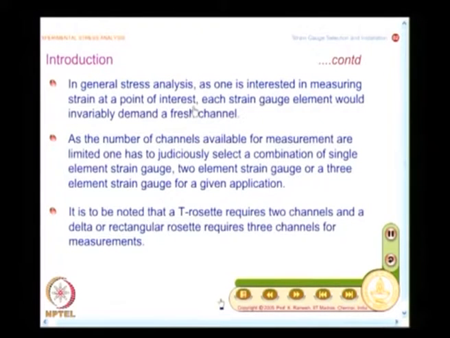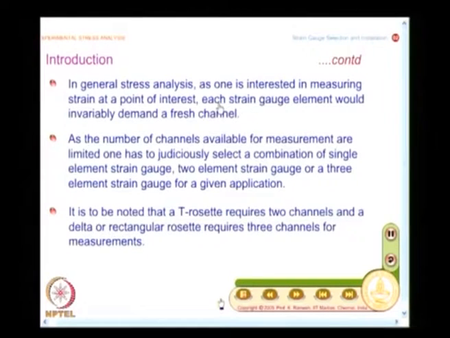If you want to maximize the signal, you may have to think in terms of increasing your bridge voltage or increasing the resistance of the strain gauge. You may have to take any of those type of measures. And as I mentioned earlier, in a given instrumentation system, you may have an upper limit on number of channels.